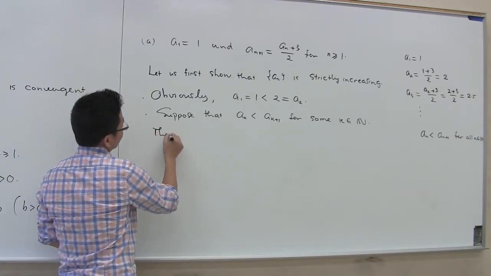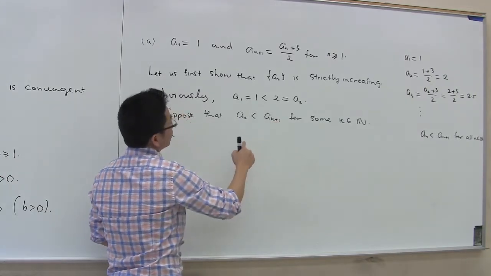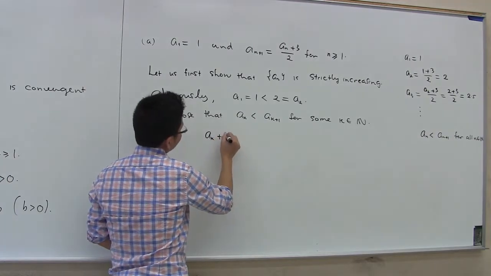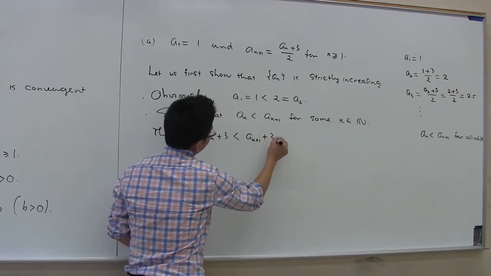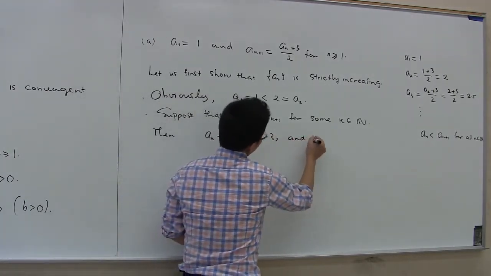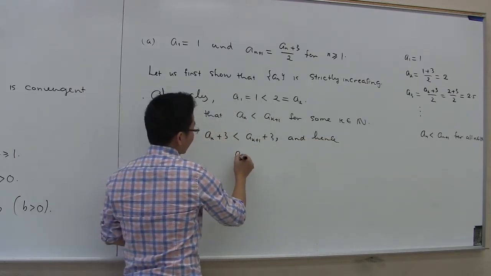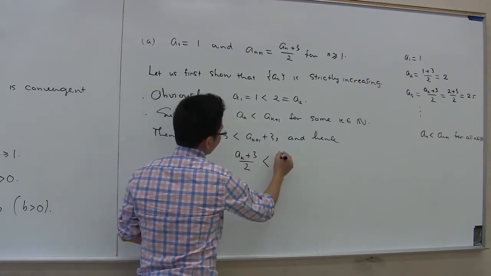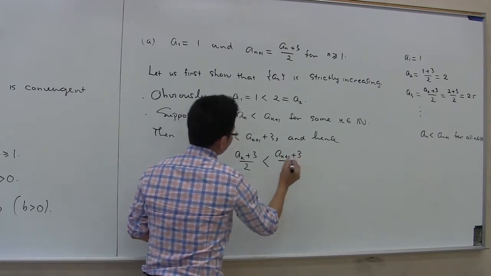From this inequality, we can add 3 to both sides. Then a_k + 3 is less than a_{k+1} + 3. Hence, we can also divide both sides by 2. So (a_k + 3)/2 is strictly less than (a_{k+1} + 3)/2.